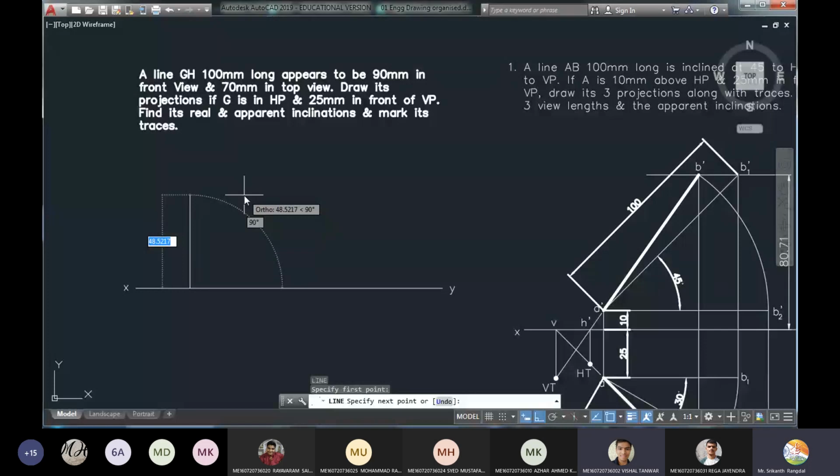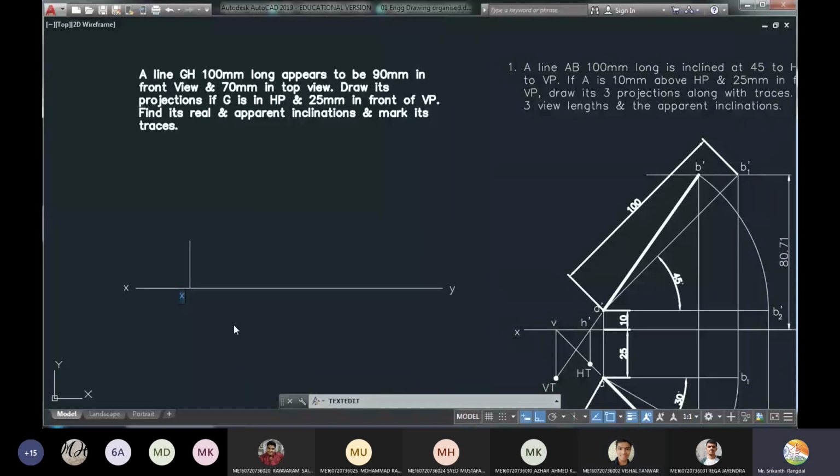Sir, the top view is on XY line, sir. When he is mentioning HP, that means it is the front view. So the front view is on XY.